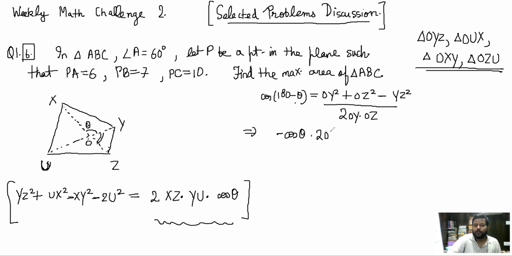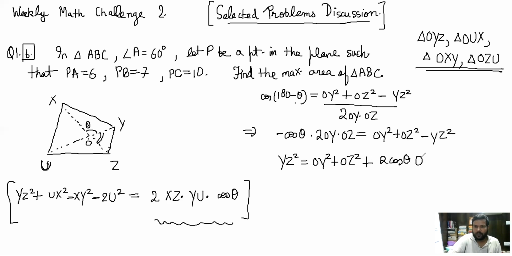So multiplied by 2 OY OZ, it is equal to OY square plus OZ square minus YZ square. Bring it to this side, and you end up getting YZ square is equal to OY square plus OZ square plus 2 cos theta OY OZ, right? So that was the cosine rule applied to this particular triangle.